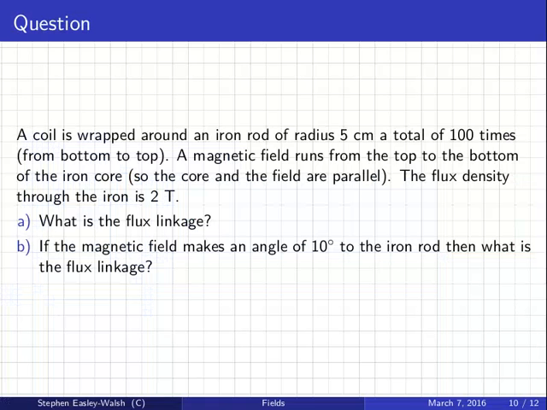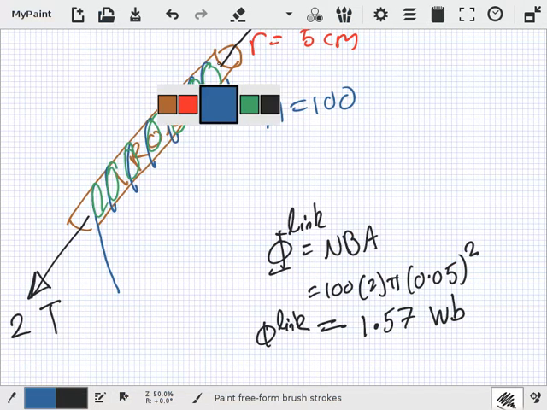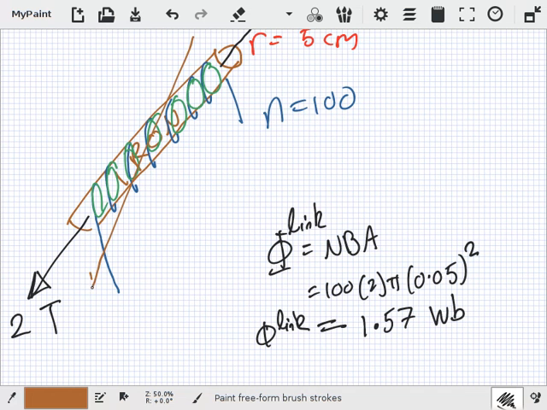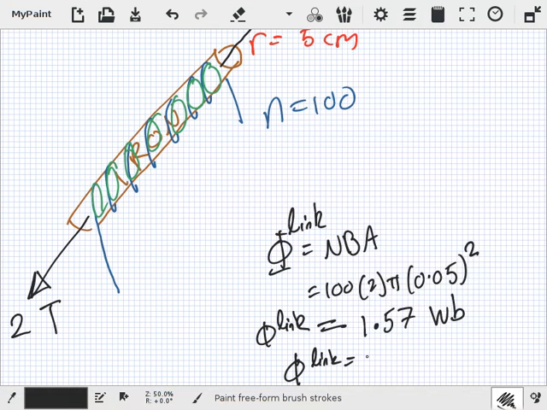And lastly, if the angle is 10 degrees, so now if instead the magnetic field is at a little bit of an angle, what happens is I just multiply it by cos 10. 1.55 Webers. Did you write that down? Okay.